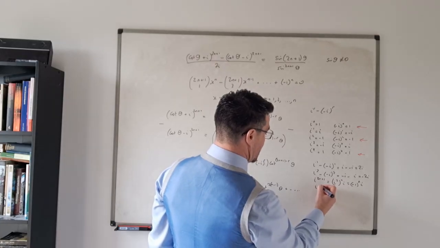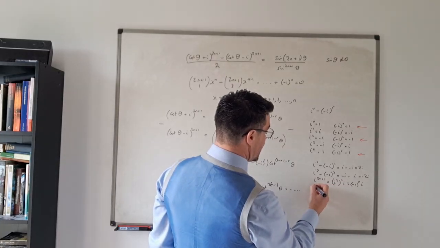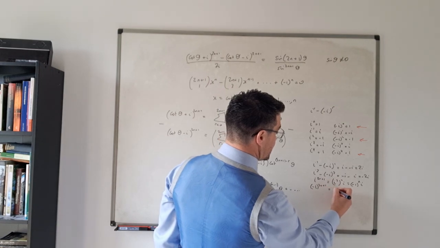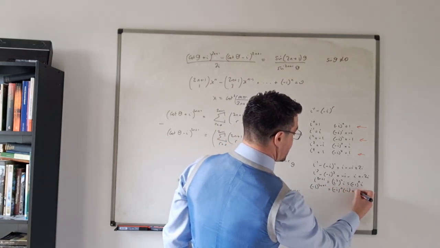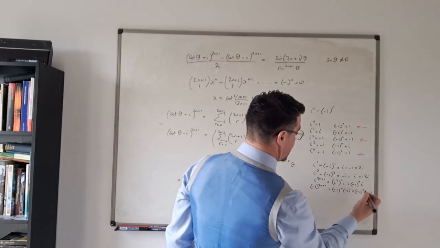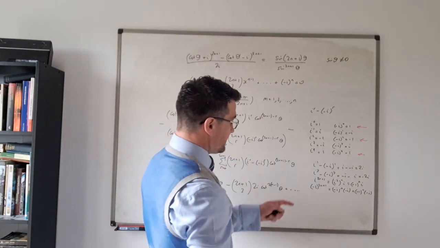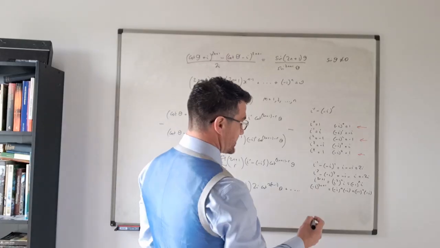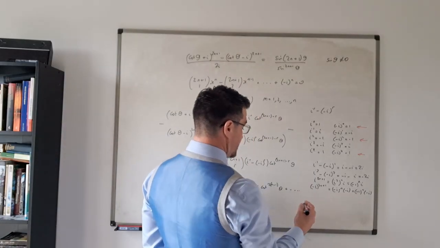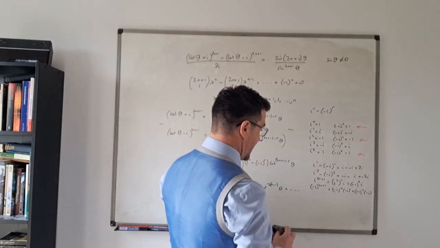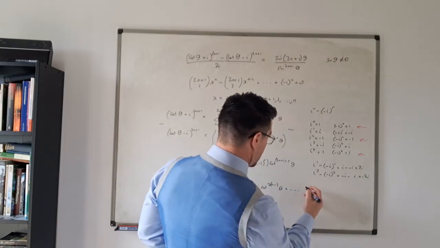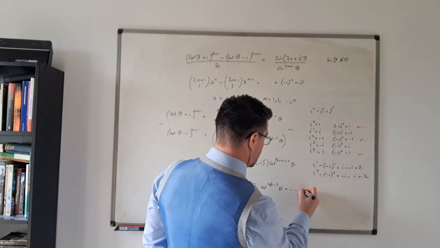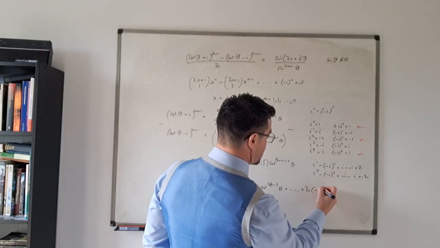And minus i to the power of 2n plus 1 is equal to minus i to the power of n times minus i, which is minus 1 to the power of n times minus i. So therefore, this, take away this, is going to be 2i times minus 1 to the power of n. Okay, so here we're going to get plus 2i times minus 1 to the power of n.